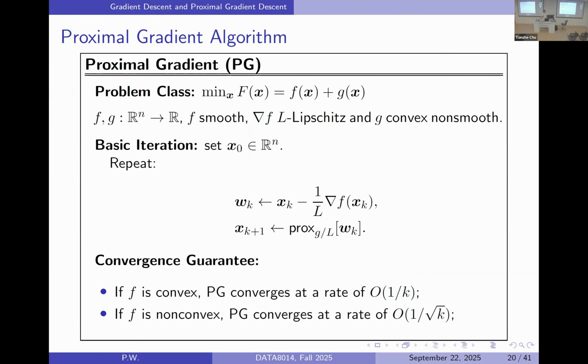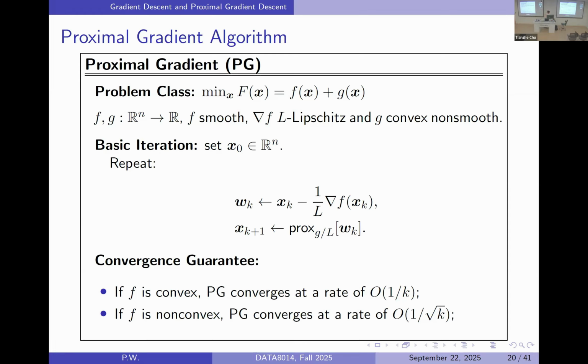Here we can write down the whole proximal gradient algorithm as follows. The function class we consider is a composite function, that is the summation of a smooth, possibly non-convex function with a convex non-smooth function. Here we also assume the gradient of f is L-Lipschitz and g is convex non-smooth.